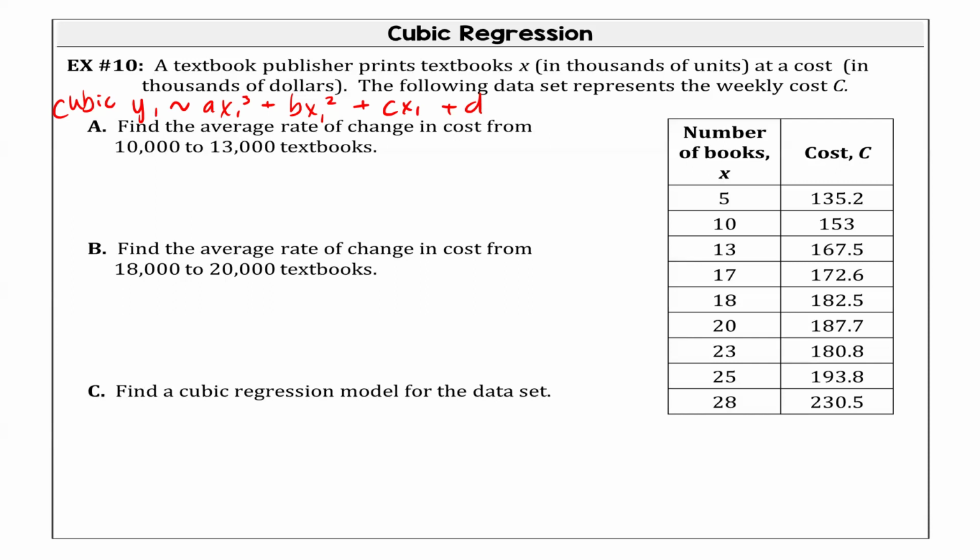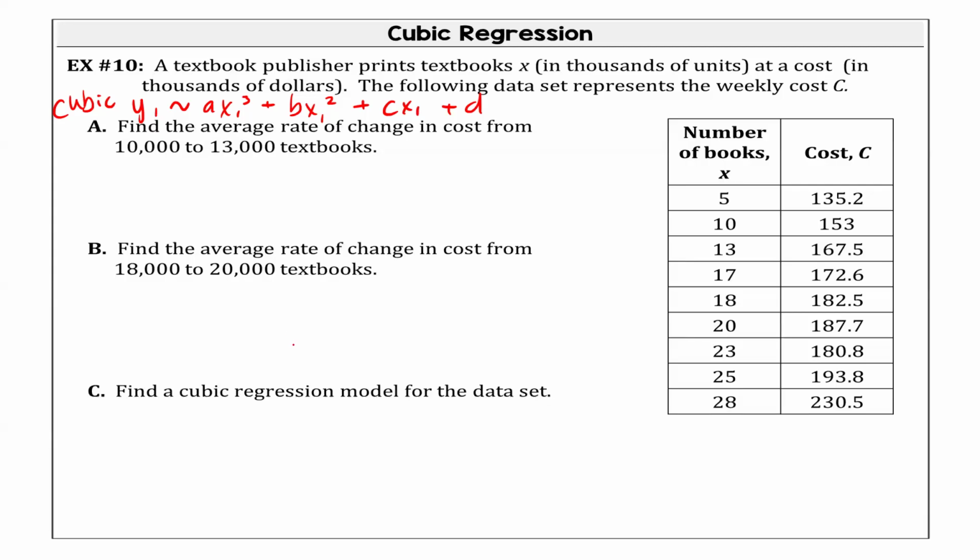There's only four math operations. Okay, so that's one of them. What's the other one we're doing? We subtract and divide, guys. Average rate of change is just subtracting and dividing.